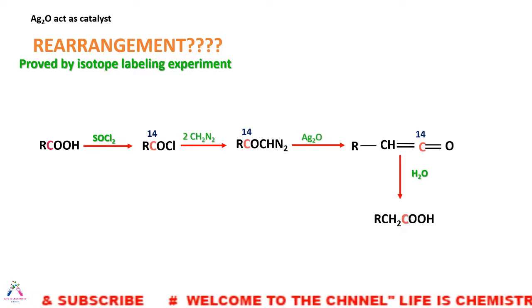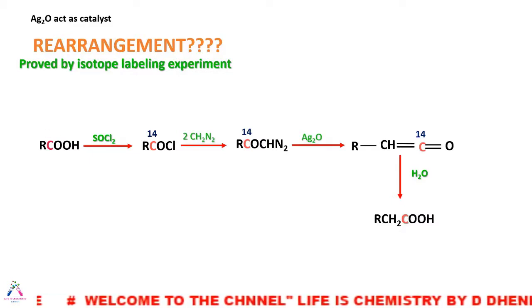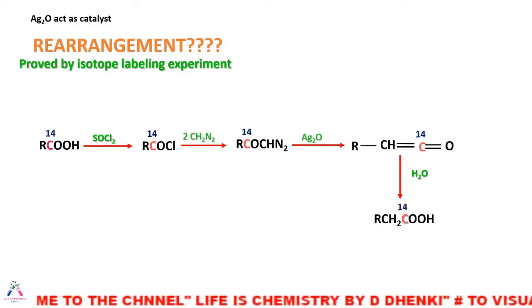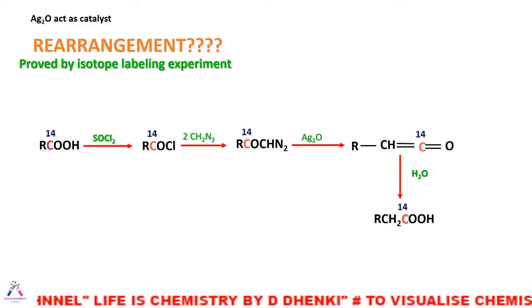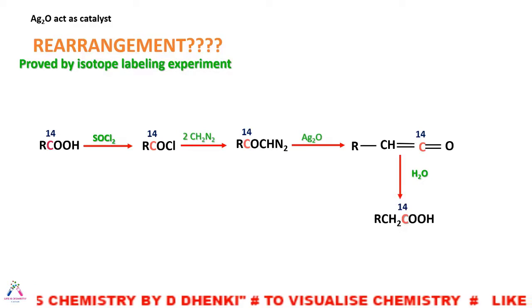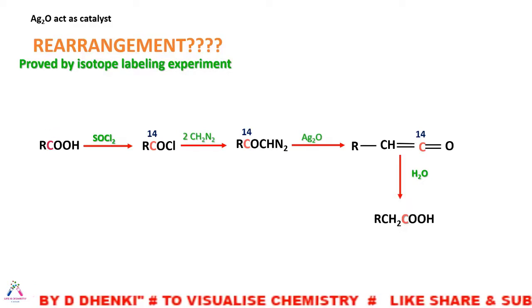But actually what we get is the homolog of the starting material with the labeled carbon at the carboxyl carbon. So from the isotope labeling experiment, it is proved that rearrangement must take place in the Arndt-Eistert reaction.